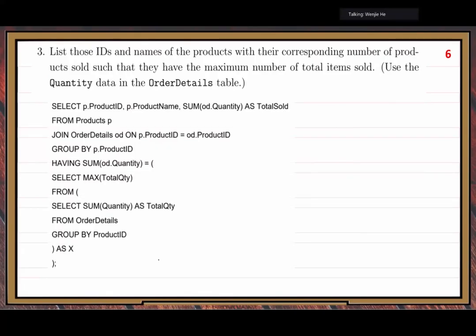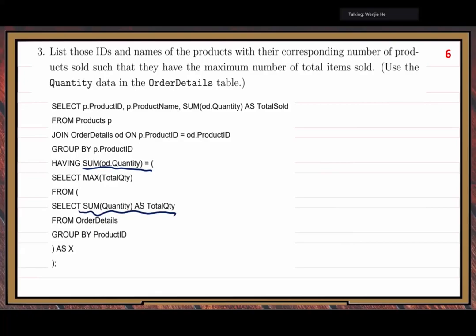Here you can see the student used the quantity number, but no product counting, different products. Where is the... So here you can see the output.